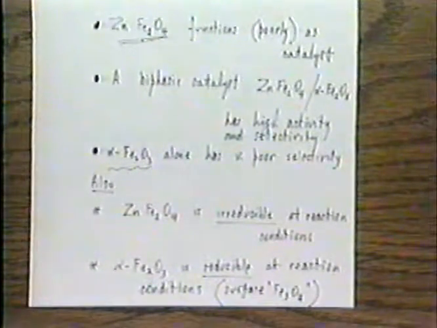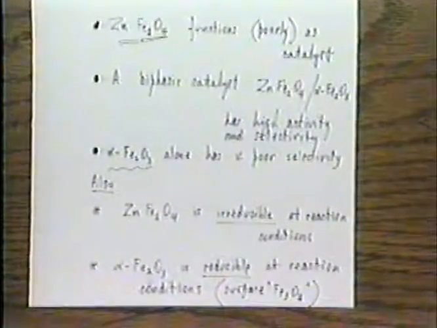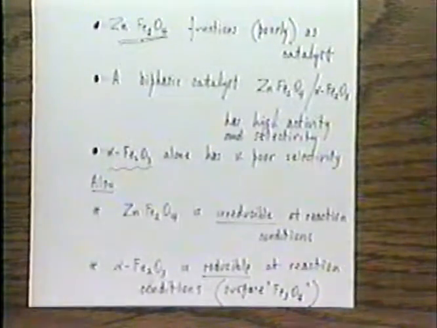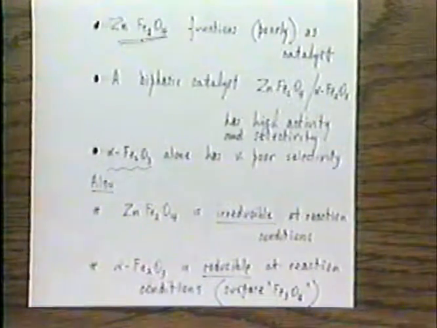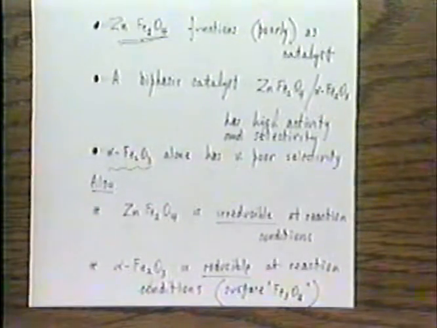Now this discussion, of course, begs the question of how, under catalytic conditions with oxygen being present, the Fe3+ is reduced to Fe2+ in order to get the reaction going.